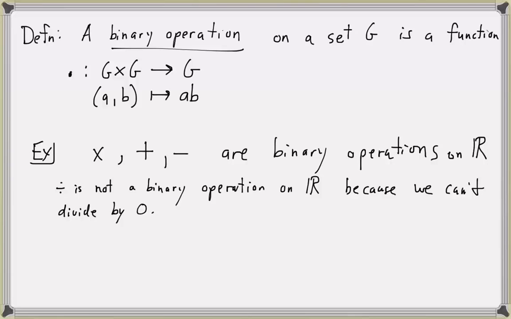Now that we have defined a binary operation, we can give our formal definition of a group. A set G that's closed under a binary operation. So let's say the binary operation is multiplication.